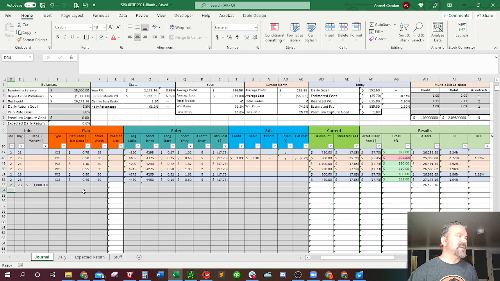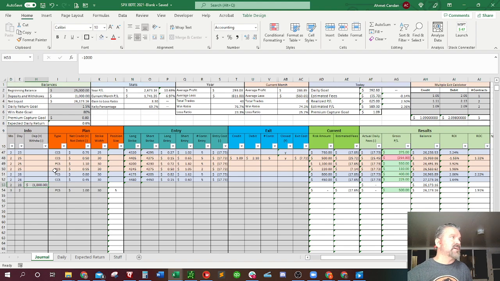So let's pretend that now on 3/2, which I think is the next trading day, we got into a PCS for $1.30. It's still suggesting 5 contracts. Well, watch what happens to these 5 contracts when I change this to a deposit of 10,000.